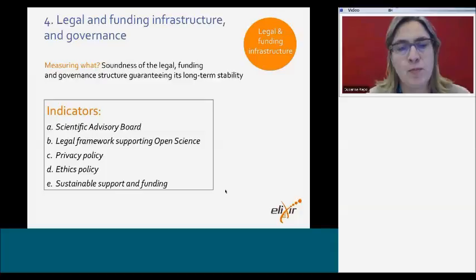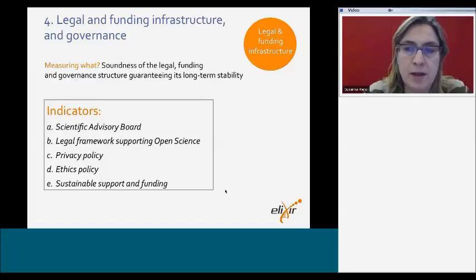I probably would not expect in this space that subscription models would apply to bioinformatics resources. Does it have a good privacy policy? Is there an ethics policy? And also, what is the funding model? Can it be demonstrated that this resource has been supported sustainably by institutes, by national funding programs, for a period of time up to today, and what are the future funding prospects?